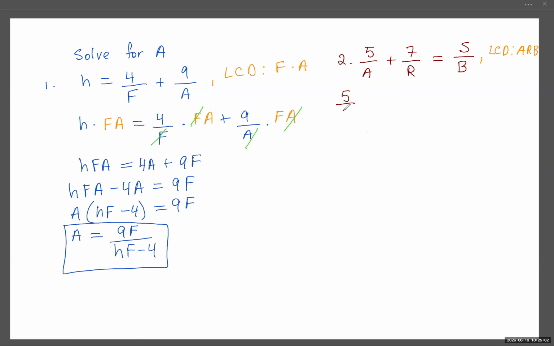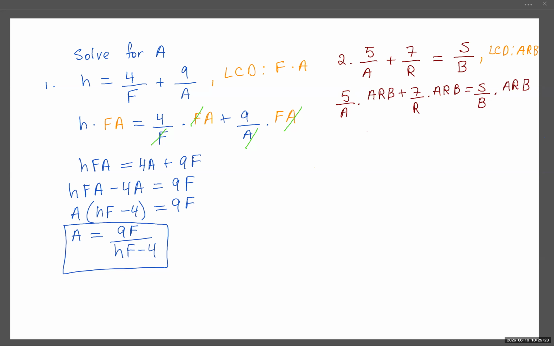So 5 over A times A R B plus 7 over R times A R B equals S over B times A R B.